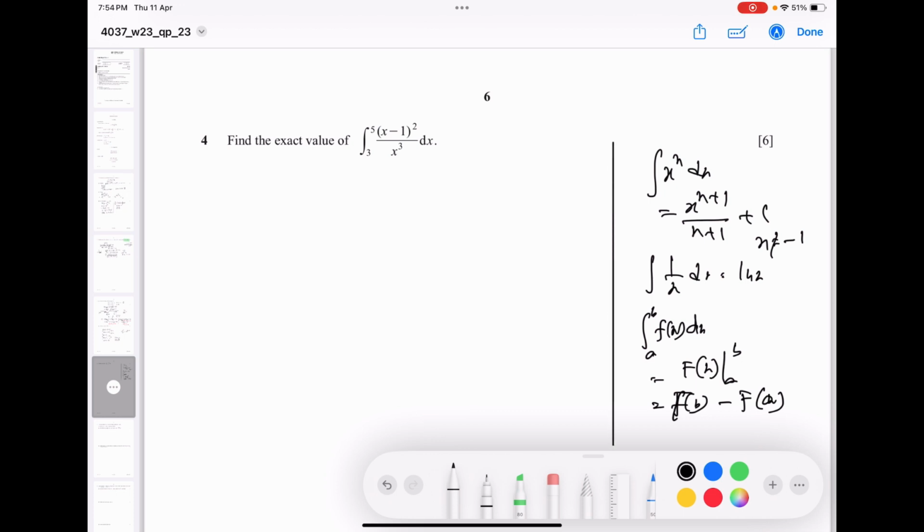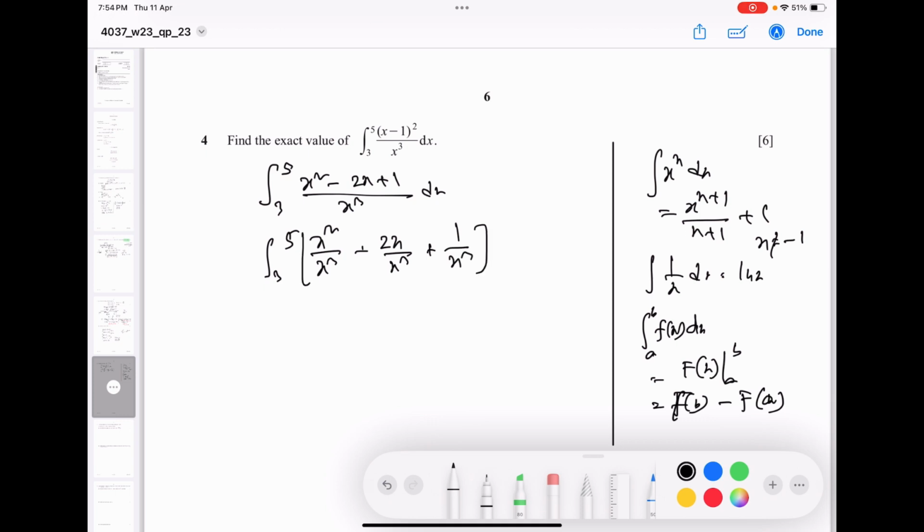So before starting the integration, let us expand this expression. x squared minus 2x plus 1 divided by x cubed dx. Then x squared divided by x cubed minus 2x by x cubed plus 1 by x cubed.